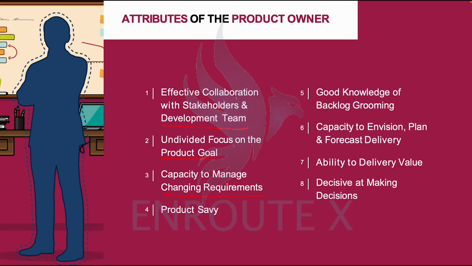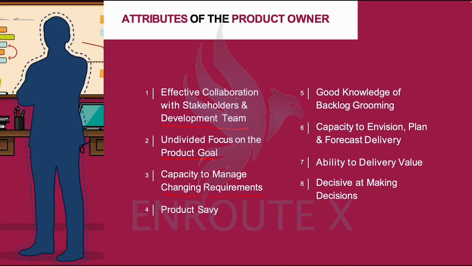On the other hand, your product savvy should translate to your ability as a product owner to prioritize the backlog. You should know which one comes first. The knowledge of the product should guide you to prioritize which feature should come first.